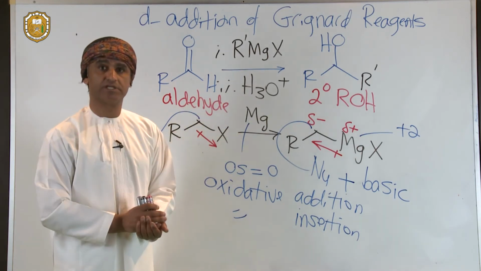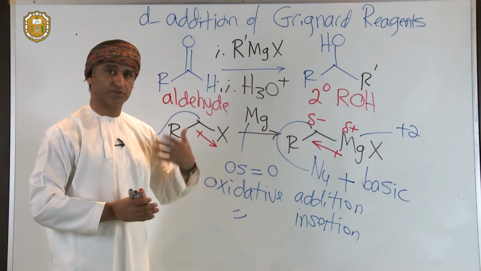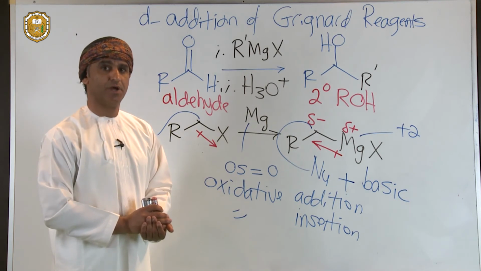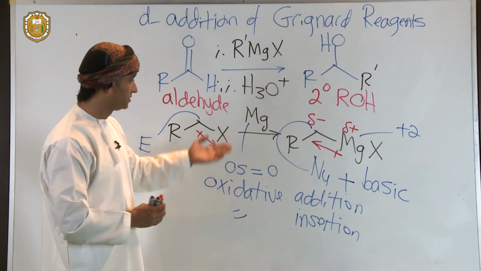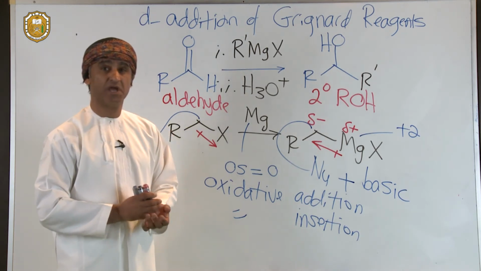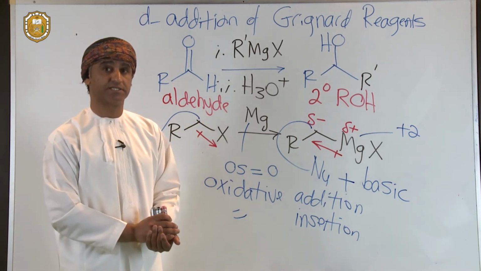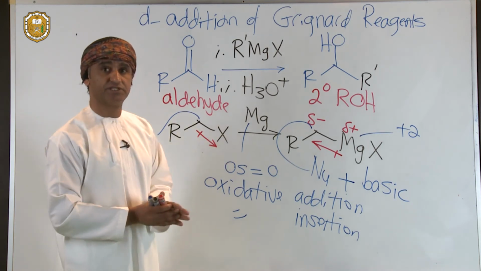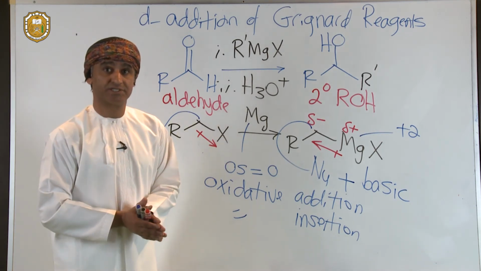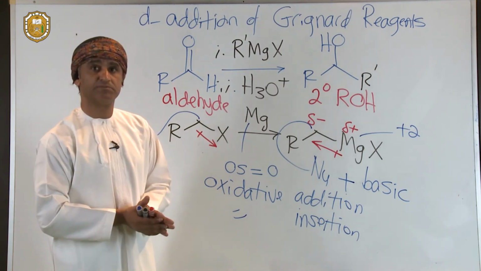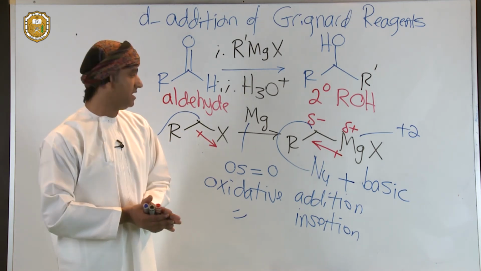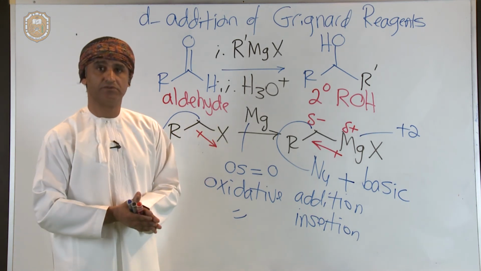Otherwise, this oxidative addition step will simply not work, because if you use, for example, magnesium chloride, where magnesium has a +2 oxidation state, this oxidative addition step will never take place. So it is really important for magnesium to be in the elemental form for the Grignard formation reaction to take place.